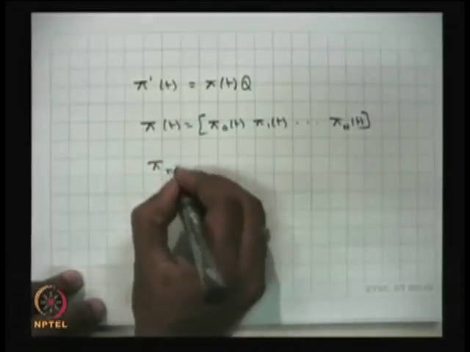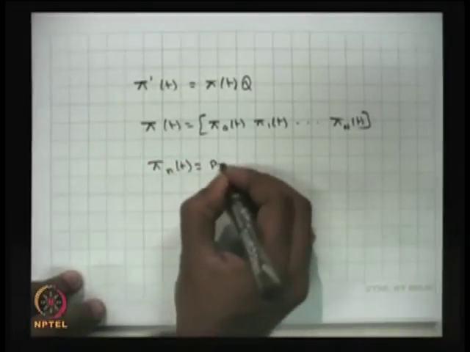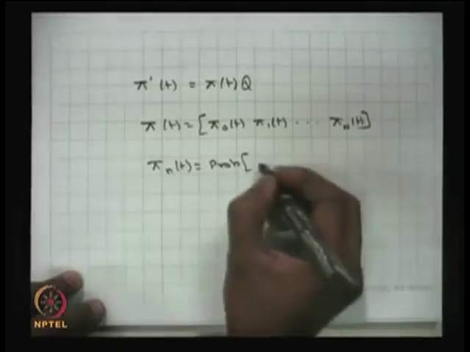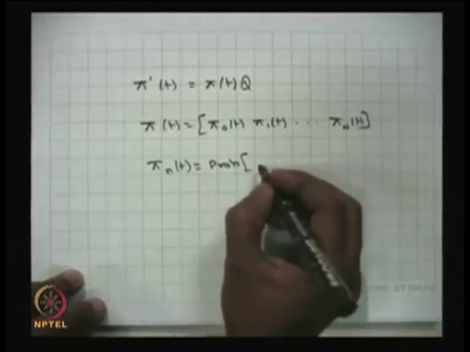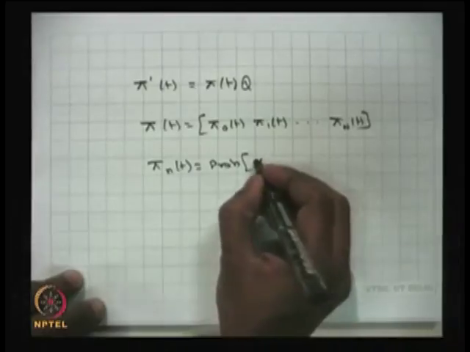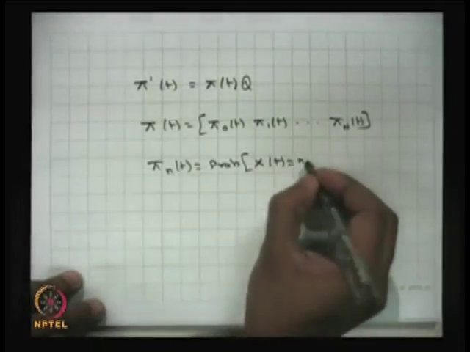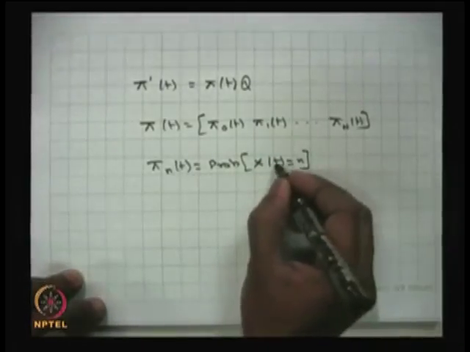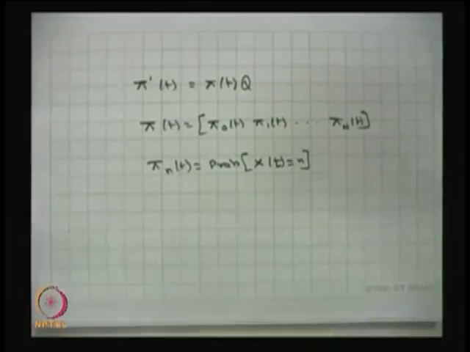where pi n of t is nothing but the probability, the same notation I started with when I discussed the continuous time Markov chain. What is the probability that there are n customers in the system at time t? It is the unconditional probability distribution.